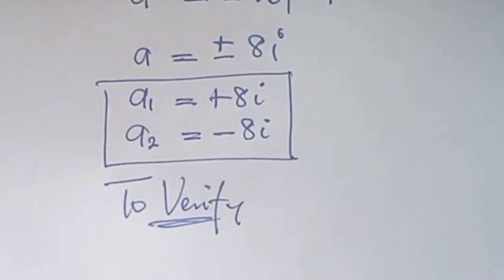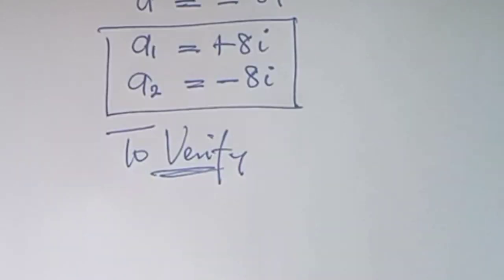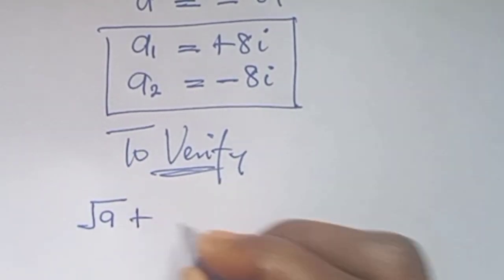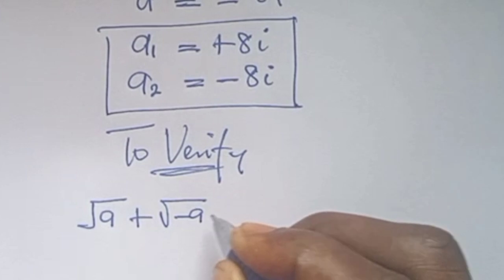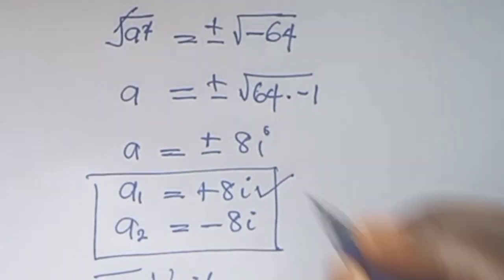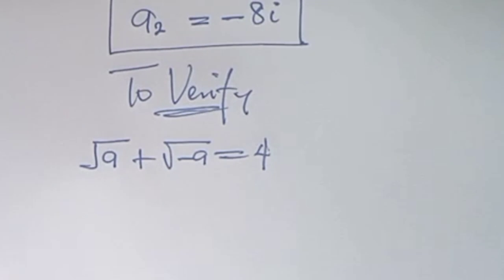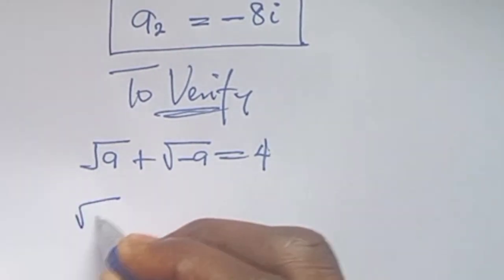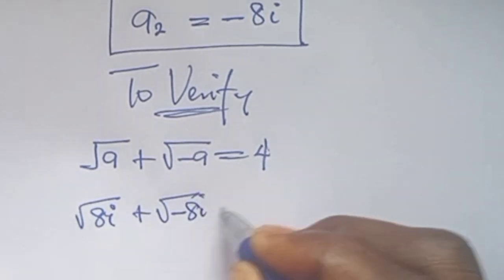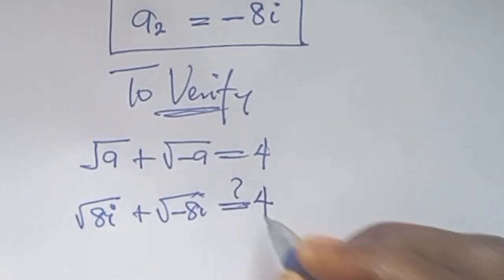To verify this value, from our original equation, square root of a plus square root of minus a is equals to 4. Let's consider the first one, so that the square root of 8i plus the square root of minus 8i will it be equals to 4.